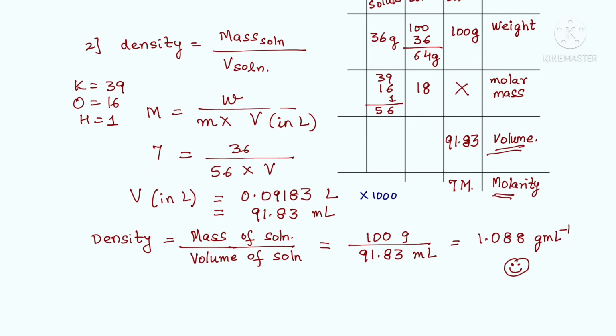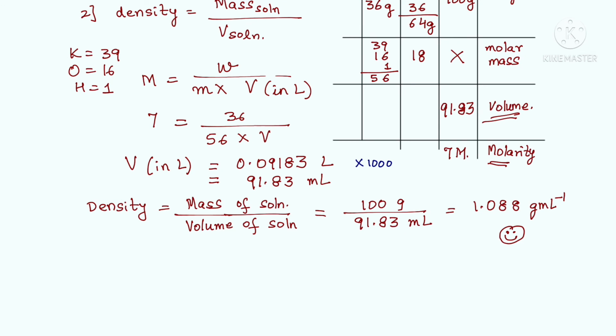So molality would be given by weight of the solute divided by the molar mass of the solute times the weight of the solvent in grams times 1000, and this gives us a value of 10 molal.